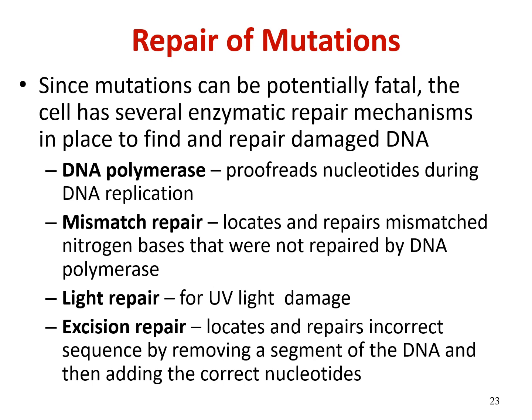And we have excision repair, where this system locates and repairs an incorrect sequence by removing a segment of the DNA and adding the correct nucleotide. It is amazing how cells work to maintain the sequence of the DNA.